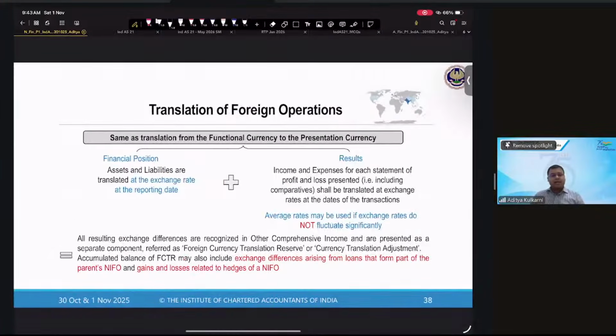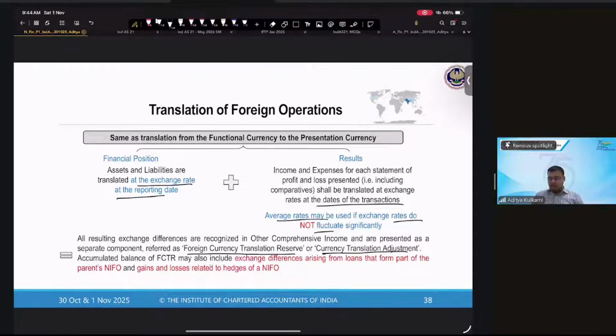How do I translate? We have already seen assets and liabilities at the exchange rate at reporting date. Results at average rates. Normally, you should use the date of transaction, but average rates may be used if the rates do not fluctuate significantly. All resulting exchange differences are booked in foreign currency translation reserve, or you call it currency translation adjustment.